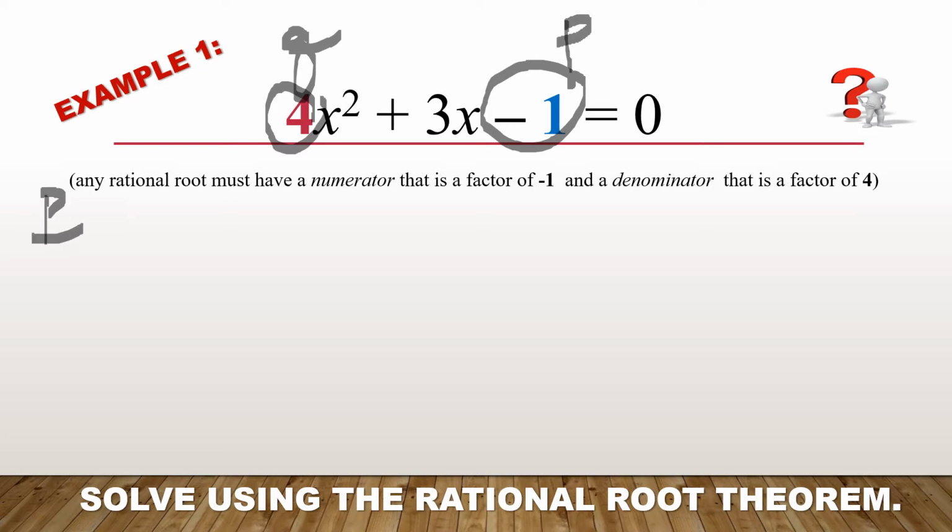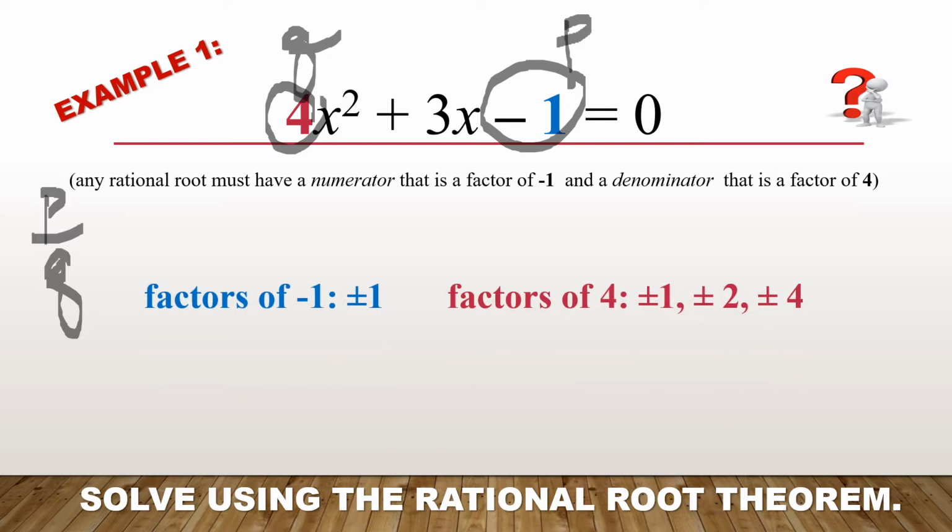In the theorem, to get the possible roots, we have to divide p by q. Now let's see, it's already given here that the factors of -1 are +1 and -1. And the factors of 4 are positive 1, positive 2, and positive 4.